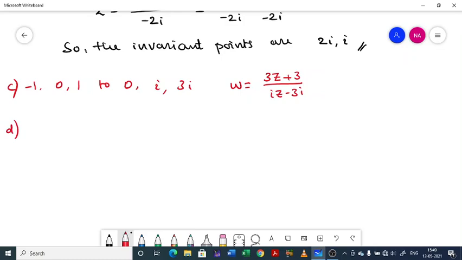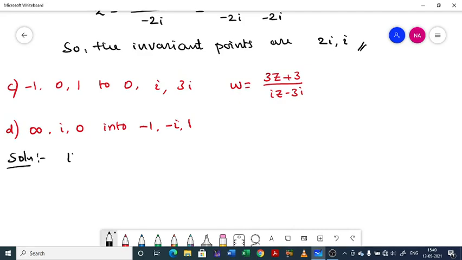Find the bilinear transformation that maps infinity, I, 0 into minus 1, minus I, plus 1. Solution.